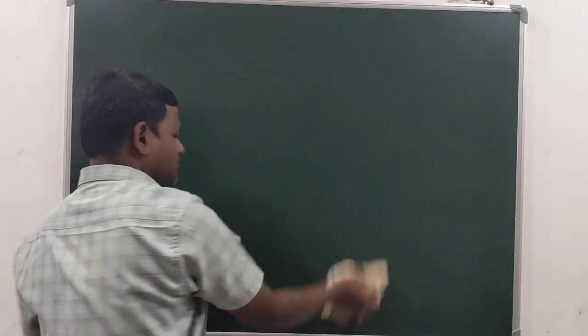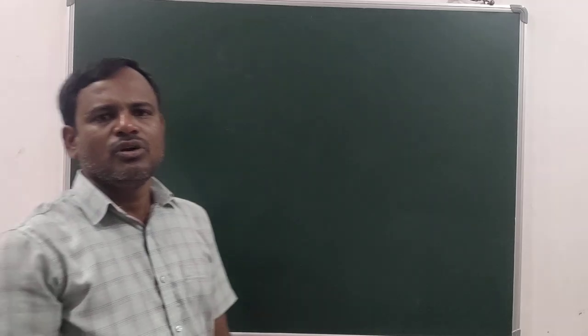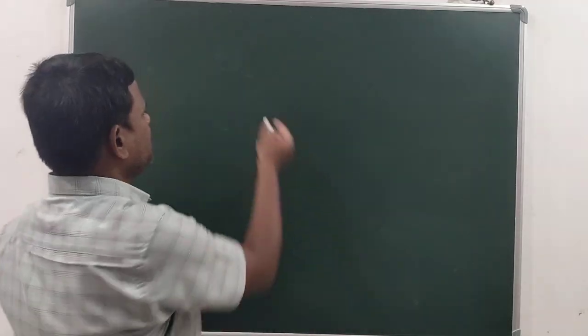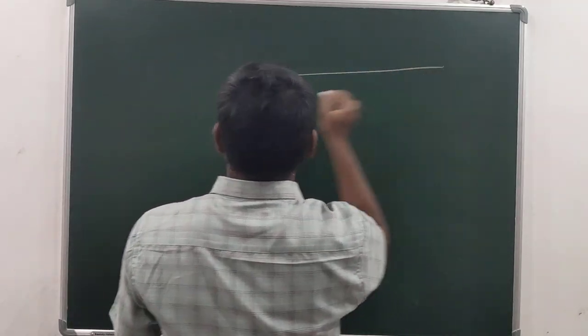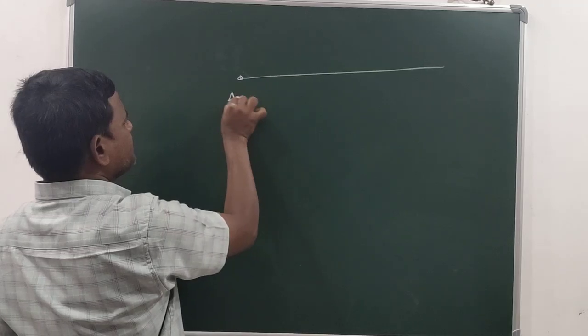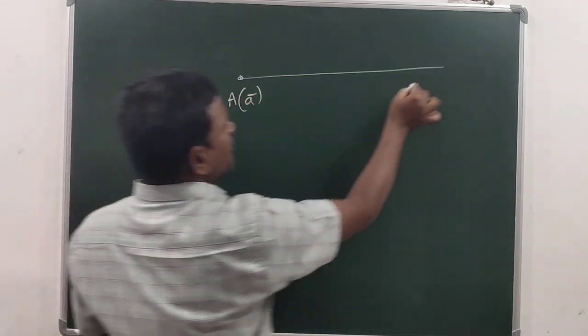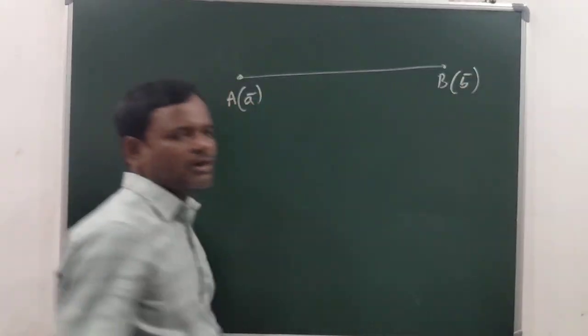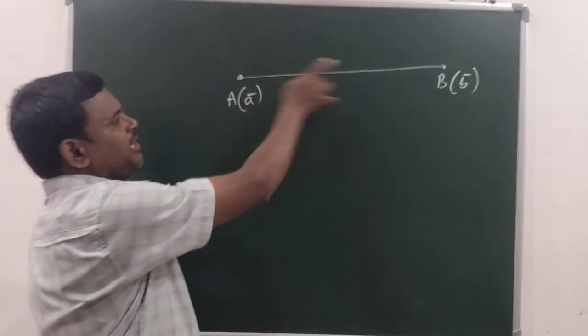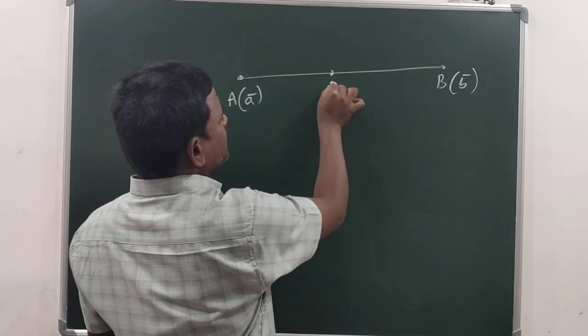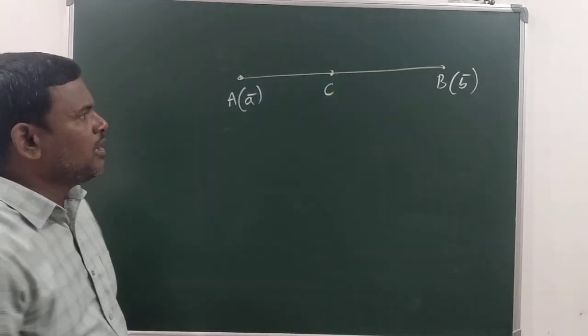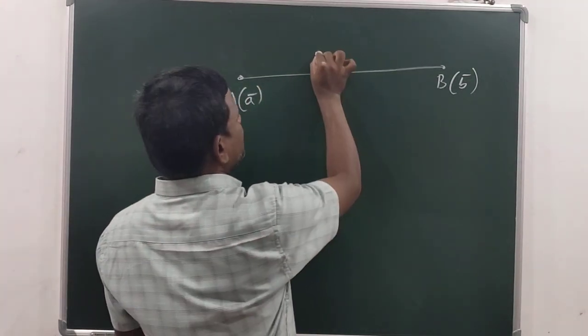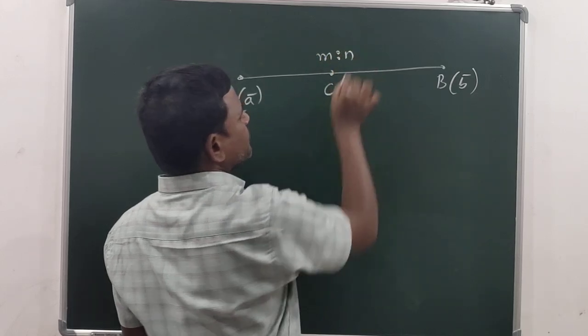Next, two position vectors are given like this. This is A bar, and B, whose position vector is B bar. And between A and B there is one point C, and C is dividing AB in the ratio m is to n.